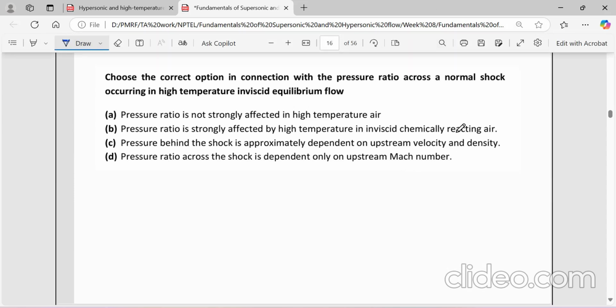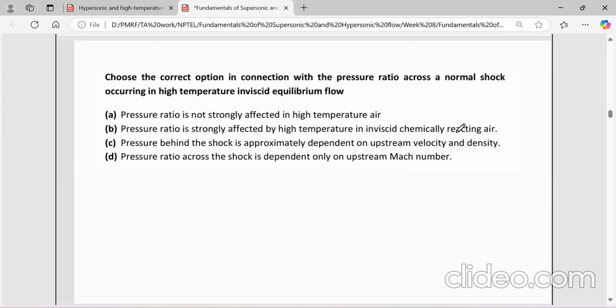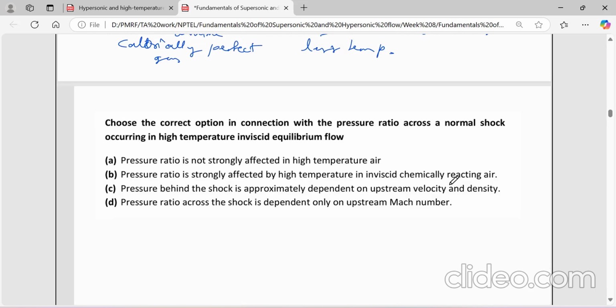Now we will see the next problem. Choose the correct option in connection with the pressure ratio across the normal shock occurring in high temperature inviscid equilibrium flow. There are 4 options. Option A: pressure ratio is not strongly affected in high temperature air.